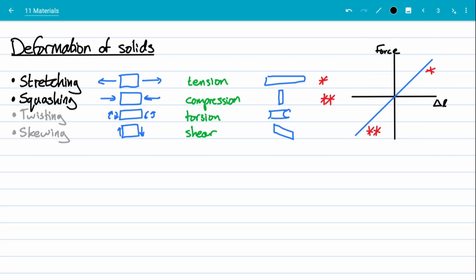Right, now we're going to have a look at different materials. We've looked at some different ways of deforming solids. Now let's look at different materials.